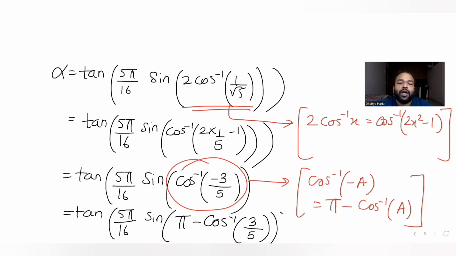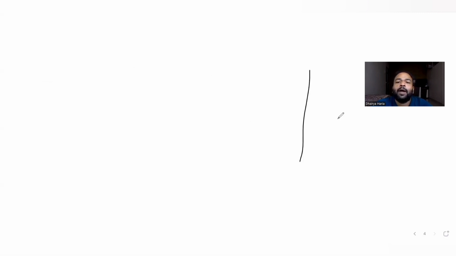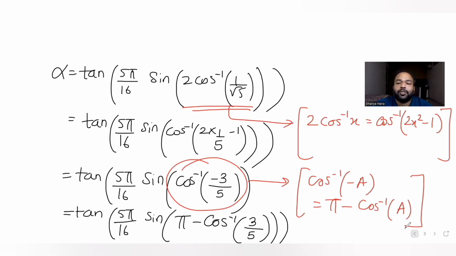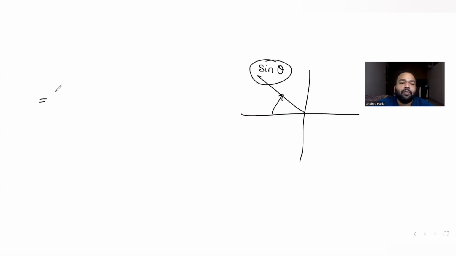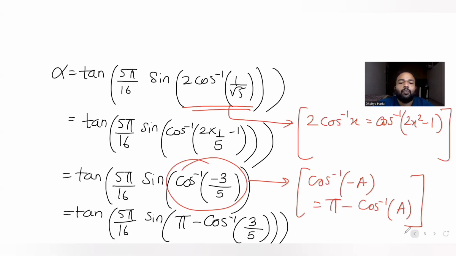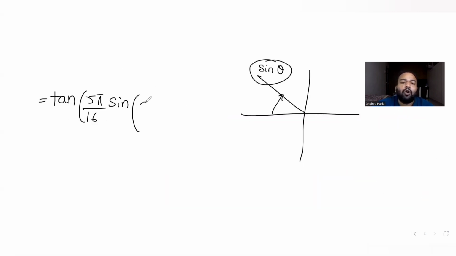Further, I use the idea of sine of pi minus theta. We already know pi minus theta is in the second quadrant, and in the second quadrant the sine ratio is positive. So your expression becomes tan of 5 pi by 16 into sine of cos inverse of 3 by 5.